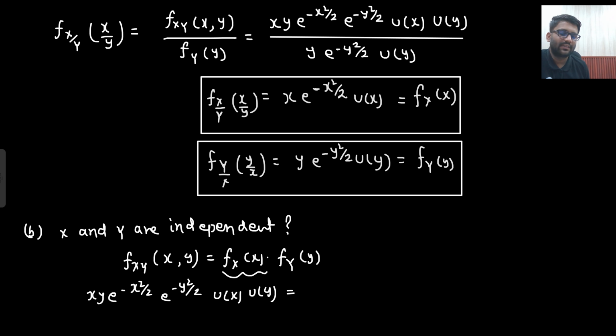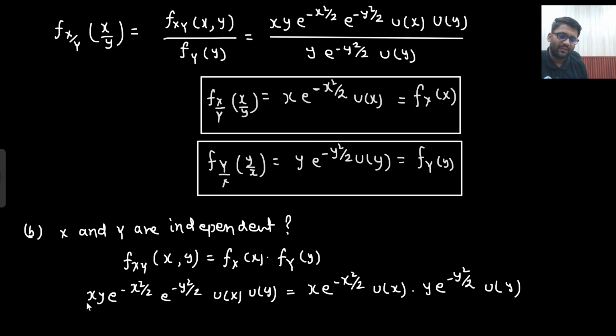What is fx of x? Fx of x is x e to the power minus x square by 2 ux. And what is fy of y? Y e to the power minus y square by 2 uy. Is this equal to this thing? Yes. That means x and y are independent.